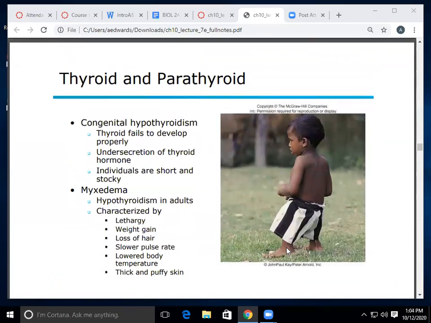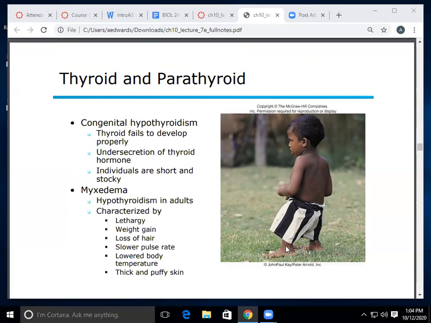All right, more medical conditions. So congenital hypothyroidism. So what does hypo mean? Anybody remember? Hypo rhymes with low, so this is lower. Okay, so hypothyroidism means it's under secretion of thyroid hormone.